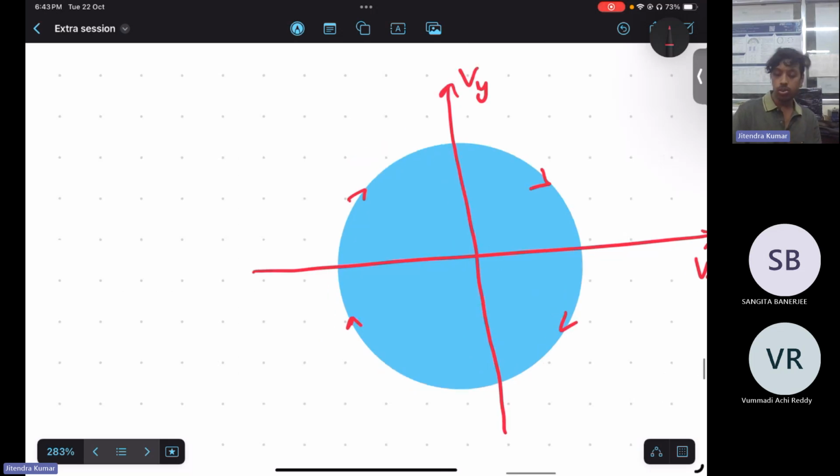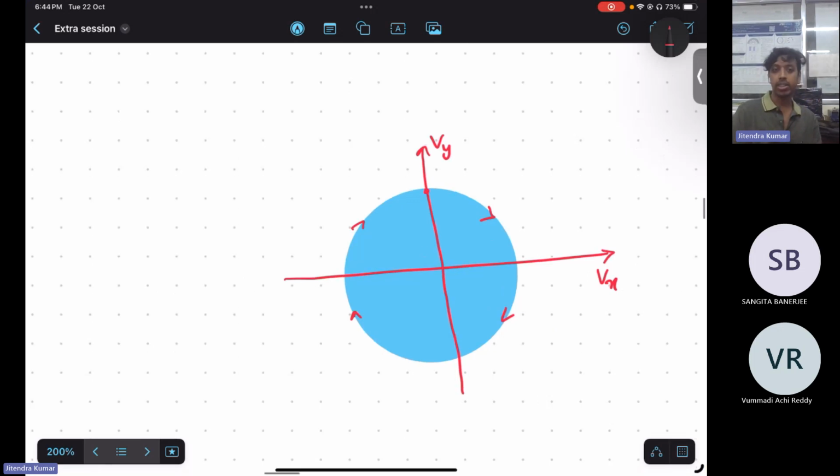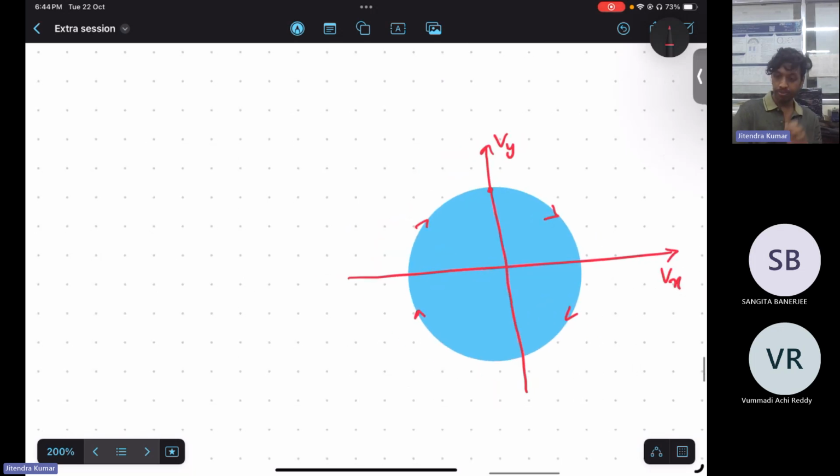If you can't recall, maybe you might have remembered it, or anyhow you forgot, at any instance of time, what should you do? You should try to plot it, considering different points. At Vx equal to 0, Vy is maximum. Let's suppose this magnitude is maximum. The radius of this circle is a.